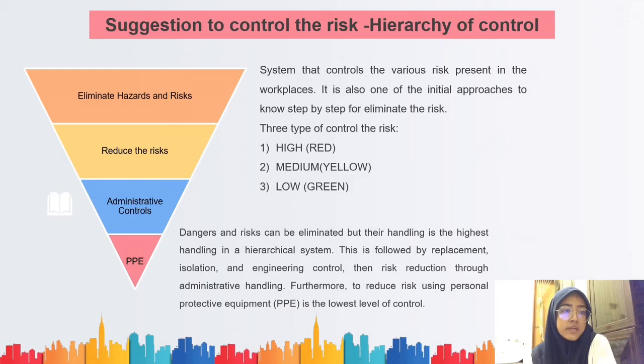This is followed by substitution, isolation, and engineering control. Then, risk reduction through administrative handling. Furthermore, using personal protective equipment (PPE) is the lowest level of control. This is the hierarchical pyramid from the most effective control to the least effective.